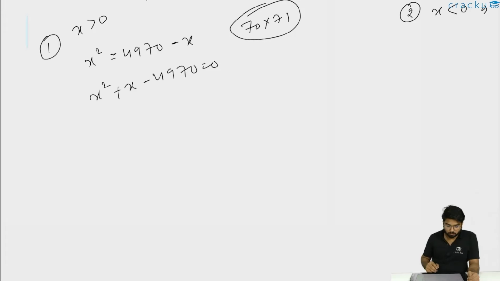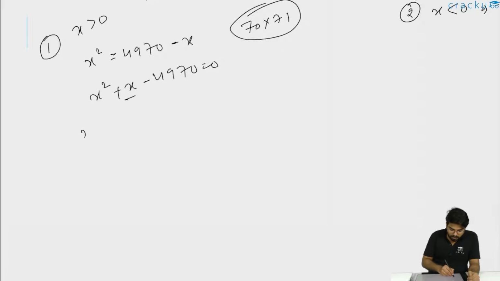You can try this out, because if I have 4970, if there is 0 at the end, it means it is definitely a multiple of 10. So we are left with 497. This is clearly not divisible by 2, clearly not divisible by 3. It is only divisible by 7, because 49 is divisible by 7 and 7 is also divisible by 7. So you can do it this way also.